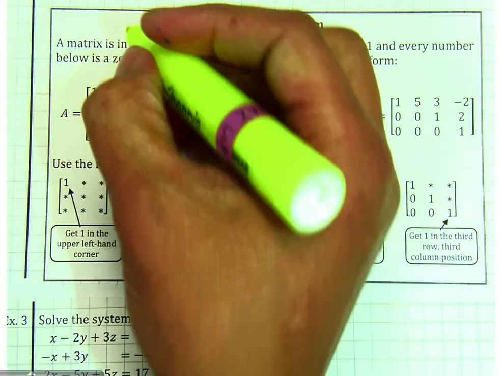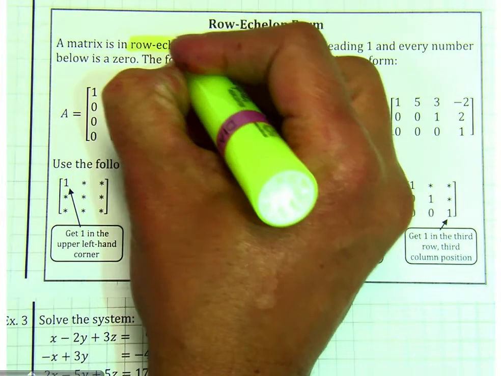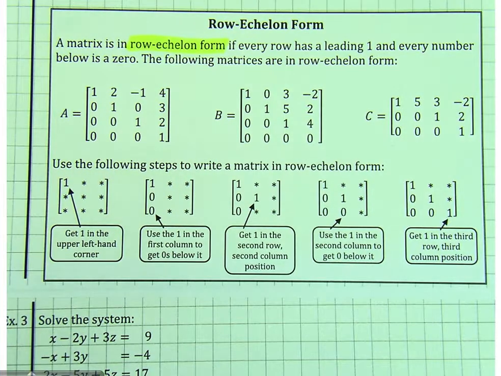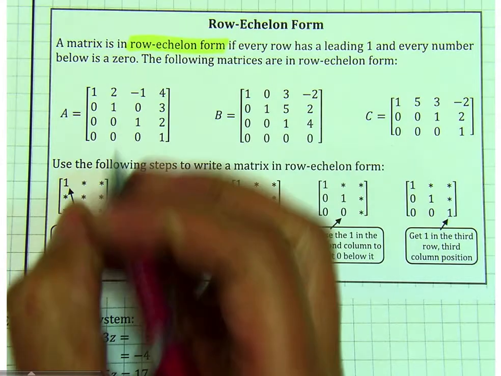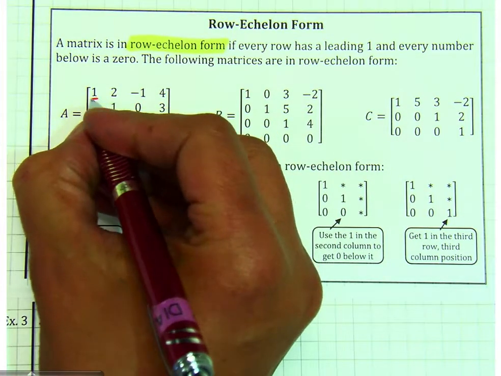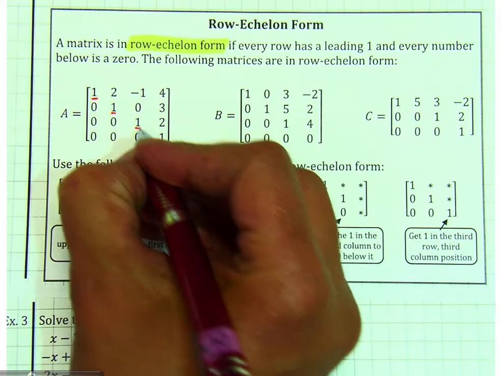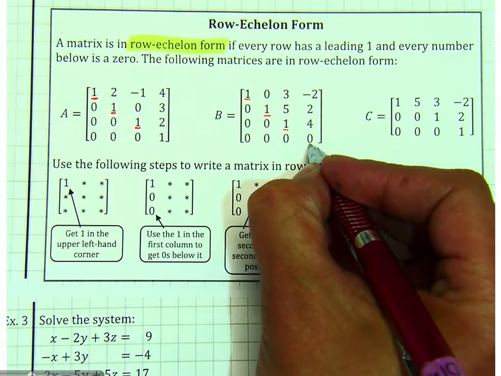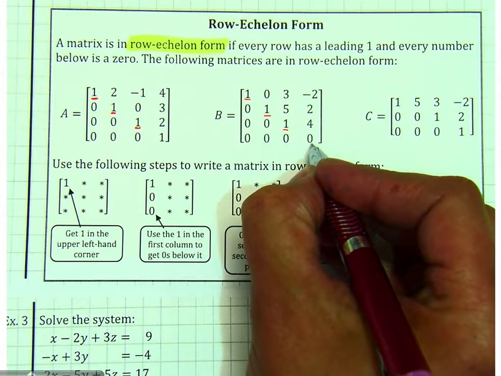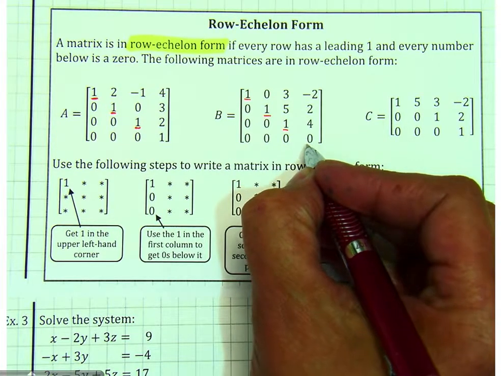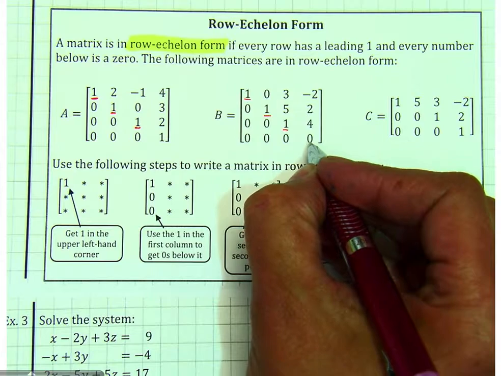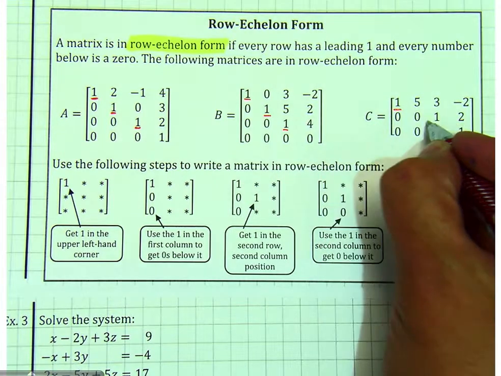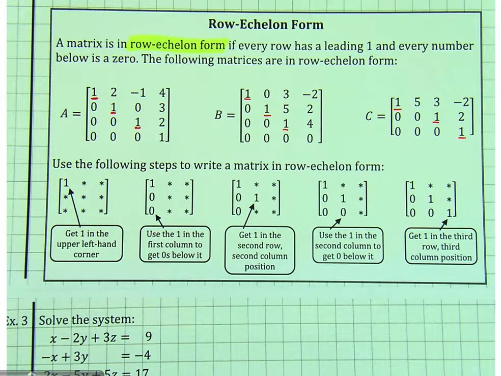A matrix is in row echelon form if every row has a leading 1. So therefore, your first row, each row, the leading number should be 1. Notice that in this case, there's no 1, so this one's still fine. It's considered row echelon form. And on the last one, each row starts with a 1.